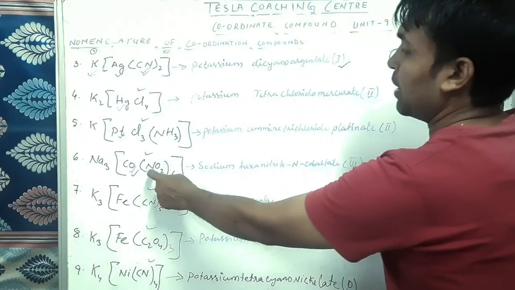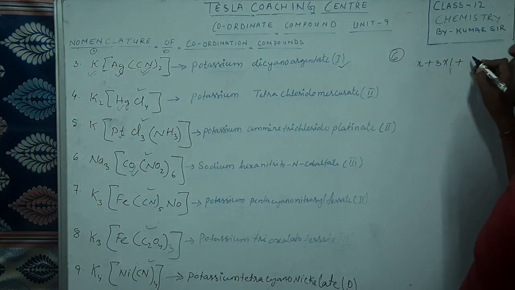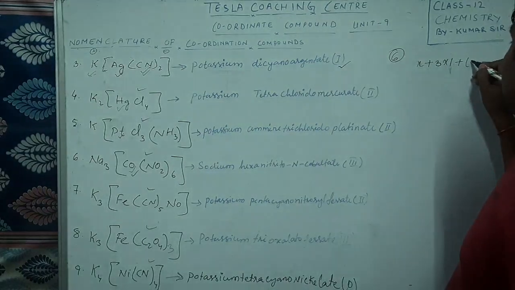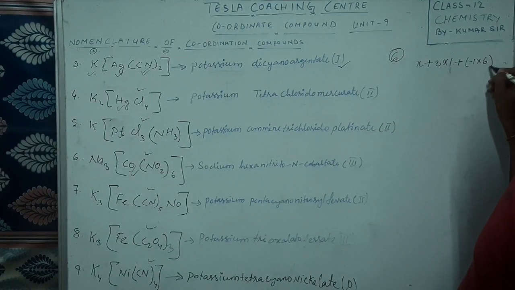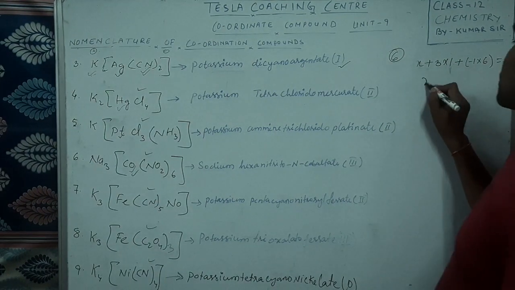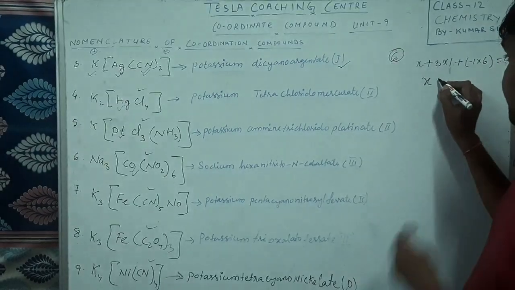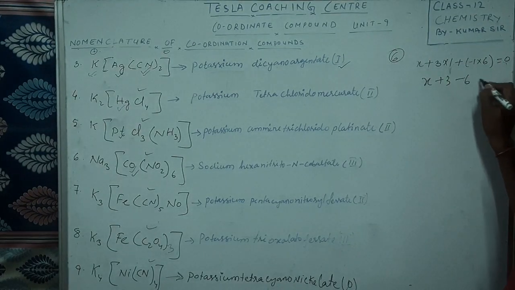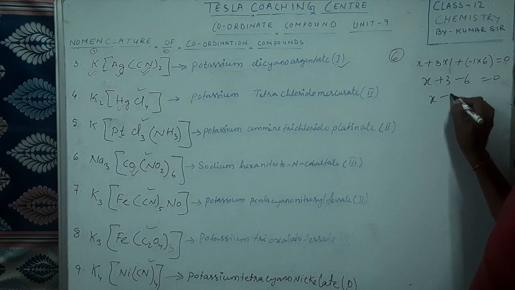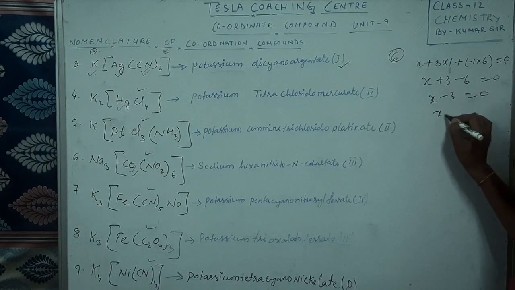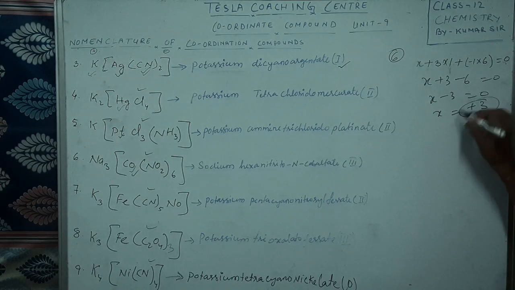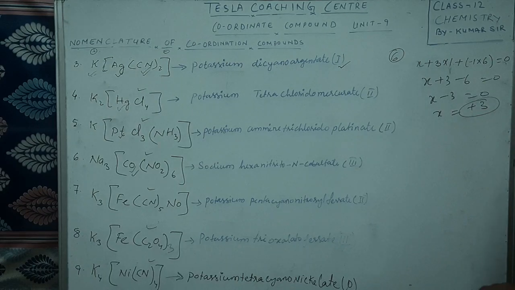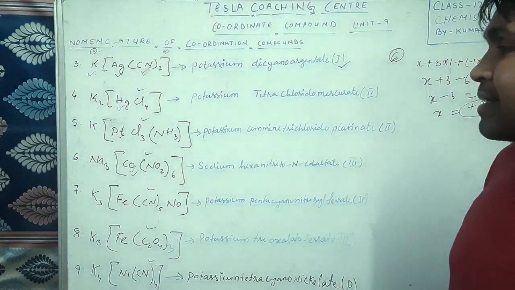Then NO2, that is nitrite, so that oxidation number will be -1 into 6. 6 are there, so equal to 0. So X plus 1 times 3 minus 6 equal to 0, so X minus 3 equal to 0. X is equal to 3. So the oxidation number we got is +3. Now let's start the naming.